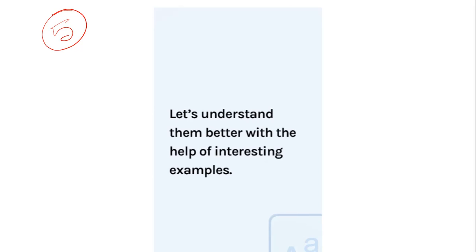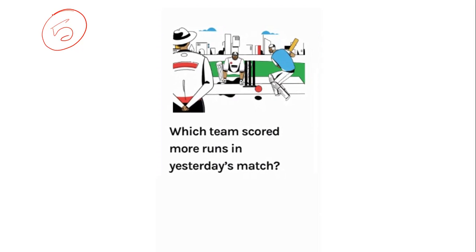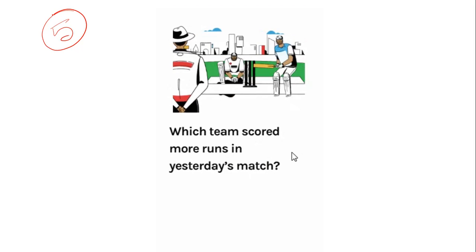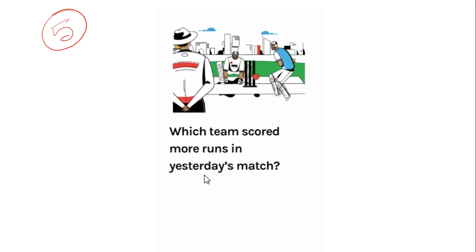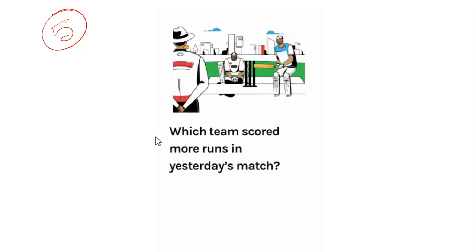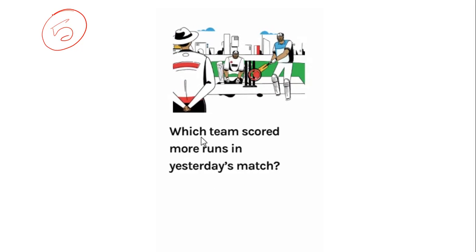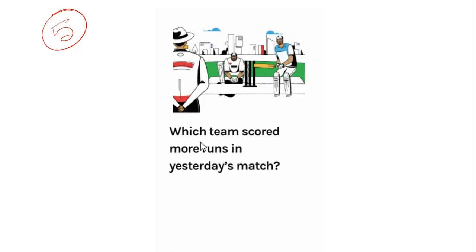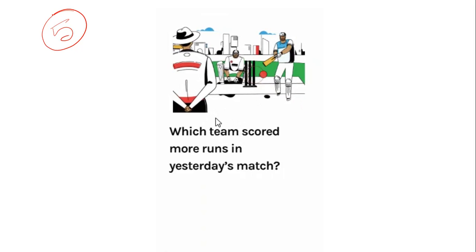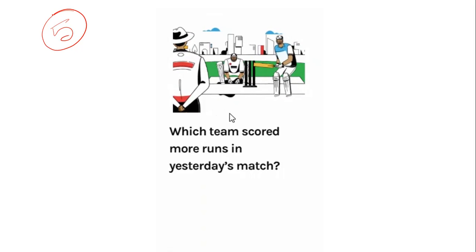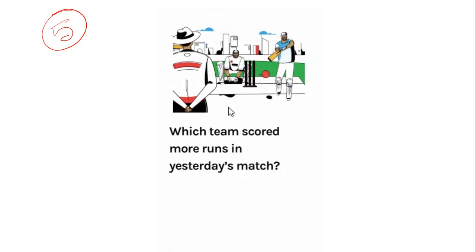So let's understand them better with the help of interesting examples. Now, which team scored more runs in yesterday's match? Which is an interrogative adjective because when it's used with the noun team over here, it asks a question.